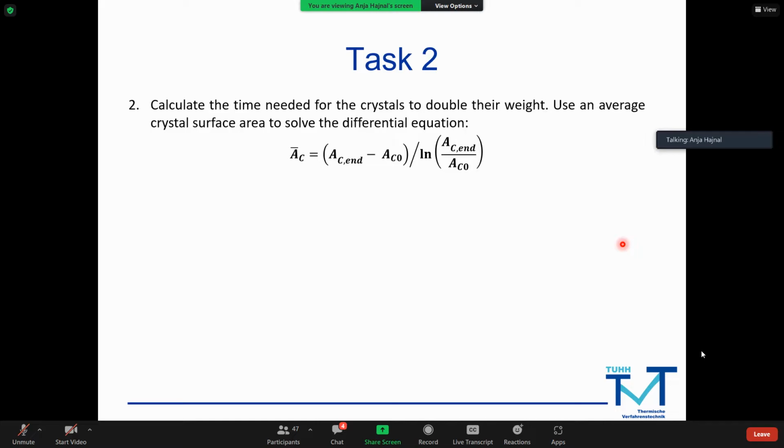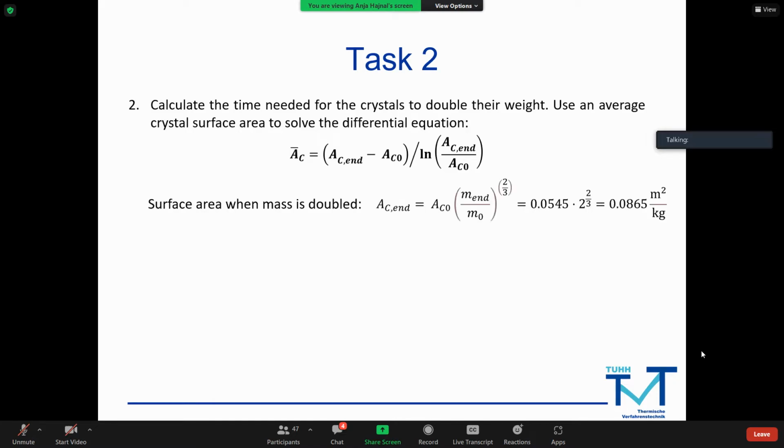All right, did you calculate the average crystal surface area? Okay, this is fairly simple, so we'll just share. We should calculate, so the initial specific surface area is, I believe, given.